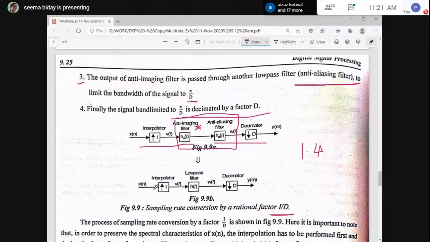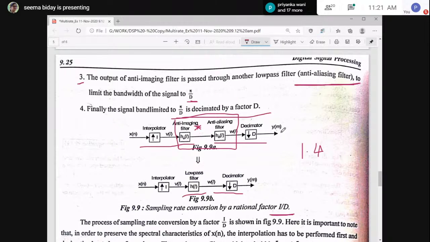And you have x(n) going into an interpolator by a factor of I, and you get some output. That output is passed through a low pass filter, which is the convolution of this filter and this impulse response. Then after the low pass filtering, pass it through the decimator, which is downsampling by a factor of D, to get y(m).